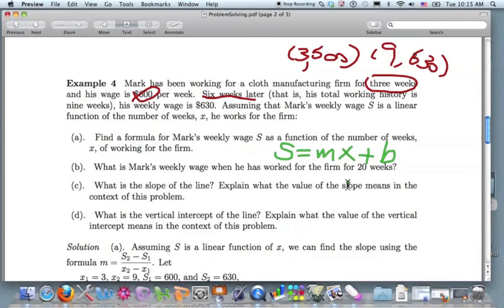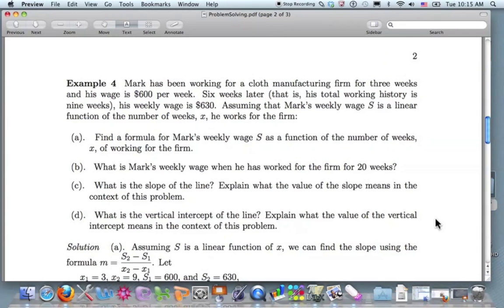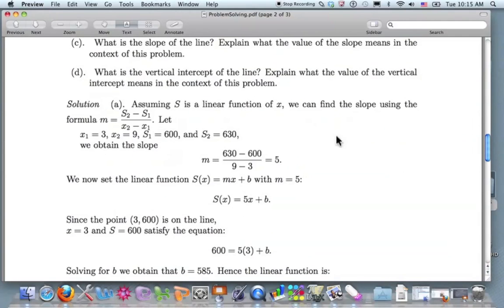Afterwards we start from this equation, and let's see the detailed work here. We first find the slope by plugging in these values: (3, 600) and (9, 630).